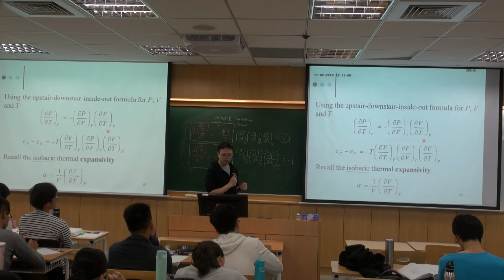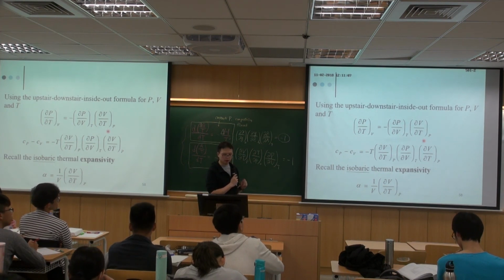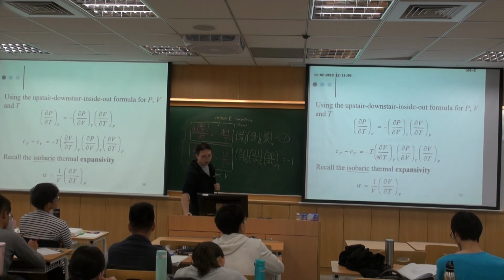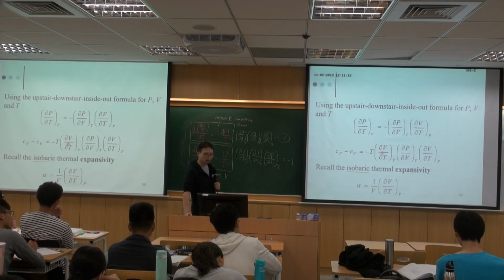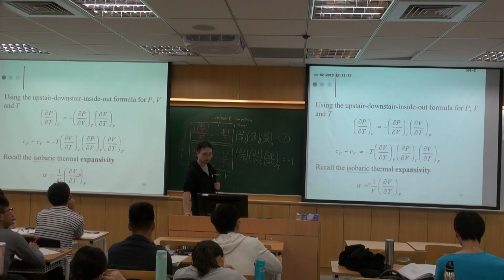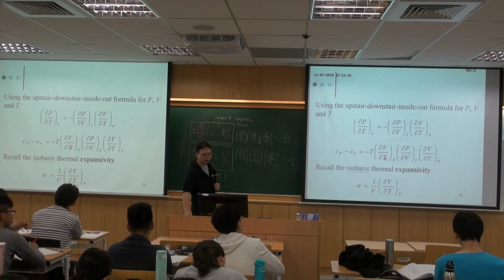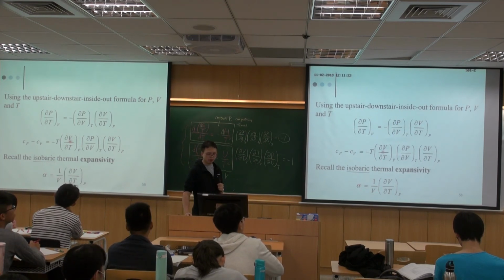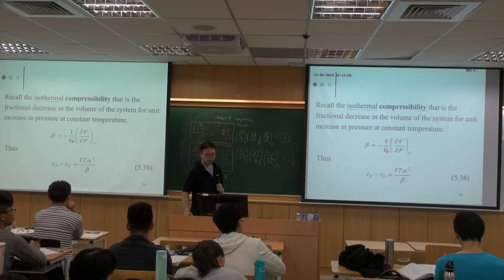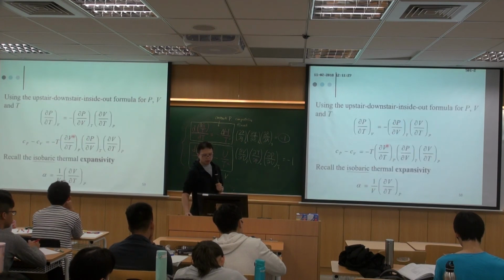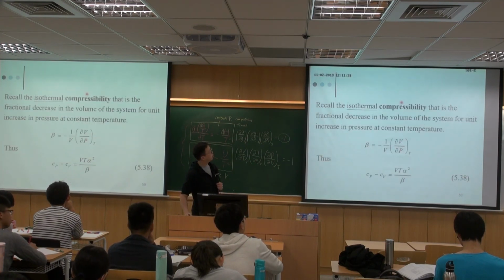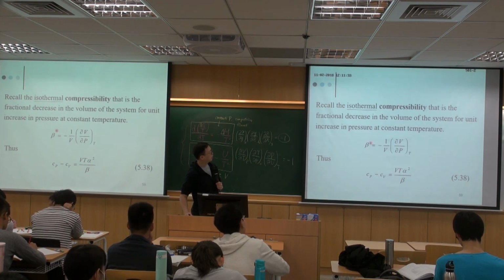These things are fairly straightforward because the first part is the expansion coefficient, right? It is the temperature dependence of the volume change, so it's the thermal expansion coefficient. Although there's a V over here, we can multiply to make it V alpha. The second term is related to the compressibility, which is defined as beta.